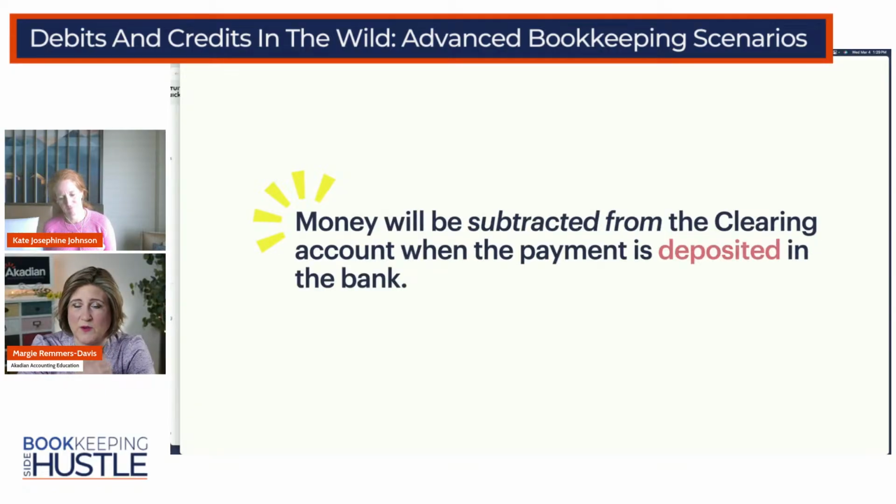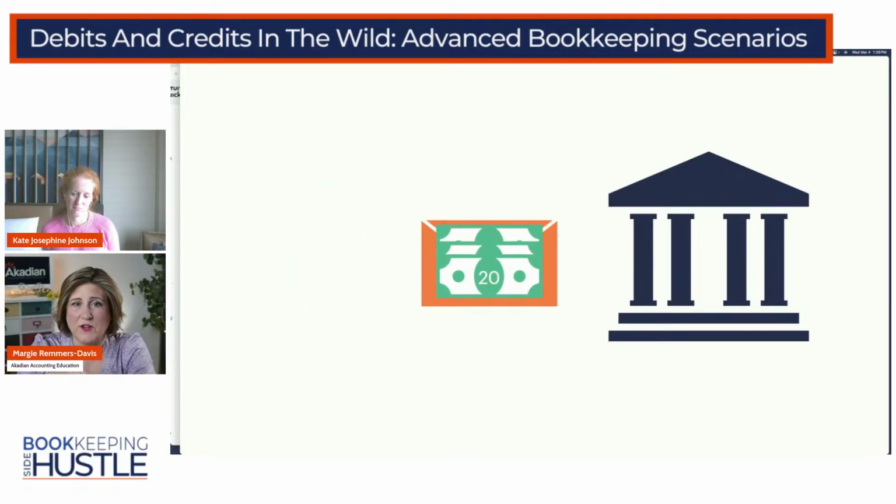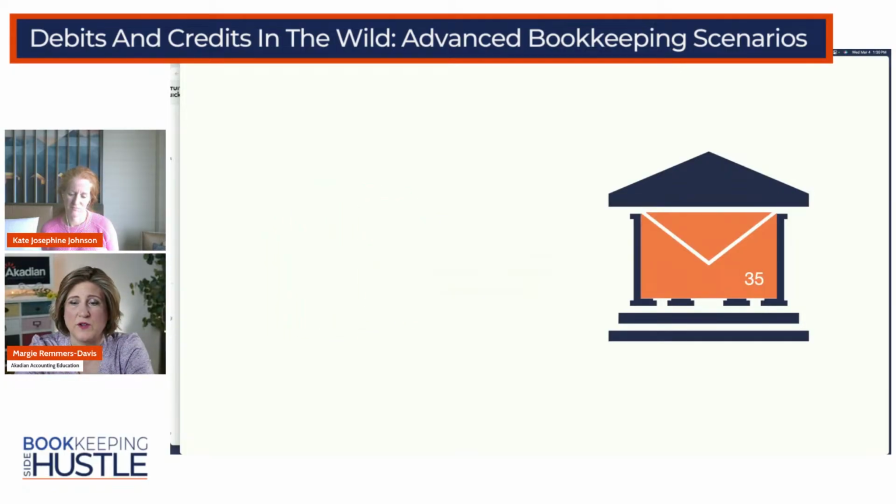So this is all the same, and the net effect on the balance sheet is 0. But now we're going to have some different behavior if several things are going into the clearing account before the money is actually deposited to the bank. So we add to the clearing account, and then it's subtracted when it's deposited to the bank. I might have a bunch of different payments. They're going to go like in an envelope, and then together they're all going to go into the bank in one deposit.